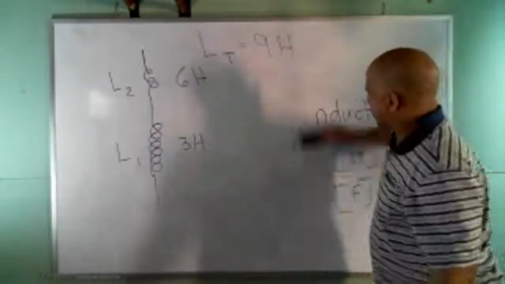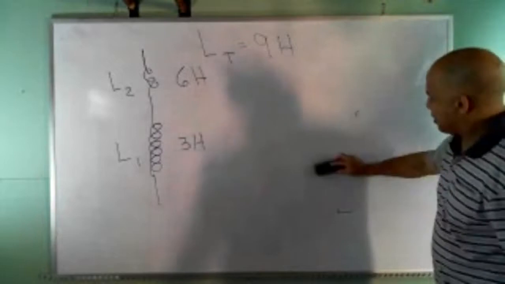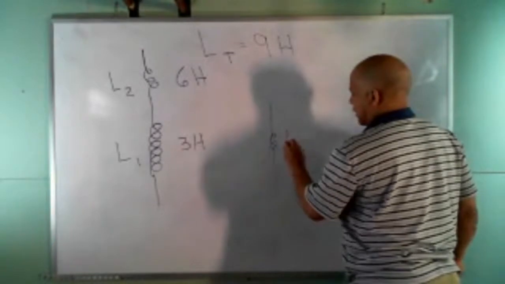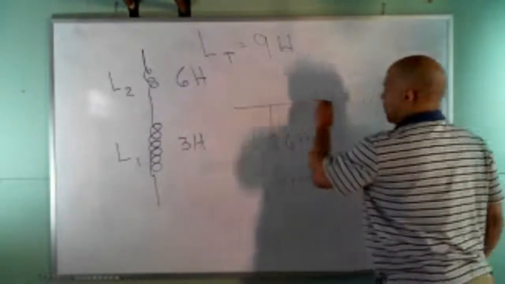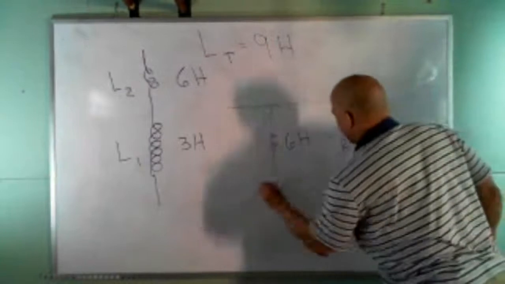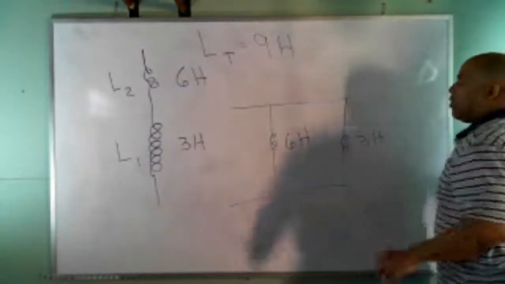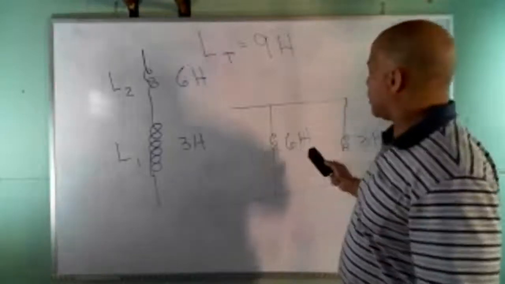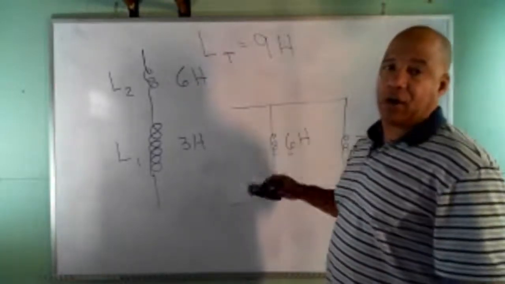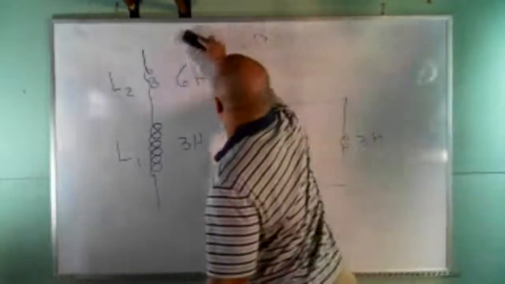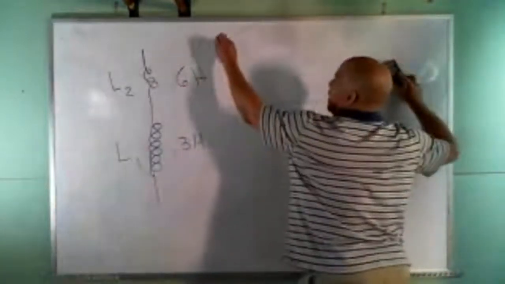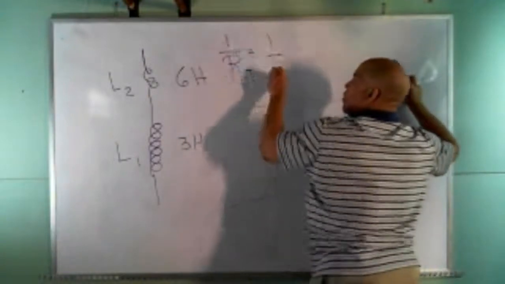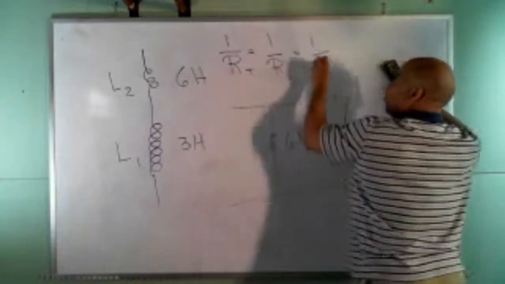If I hook those inductors up in parallel, they act just like resistors. Say I have 6 Henries in parallel with 3 Henries. Whatever formula you use for parallel resistors, you use the same for parallel inductors, just change the R's to L's. You know 1 over RT equals 1 over R1 plus 1 over R2.